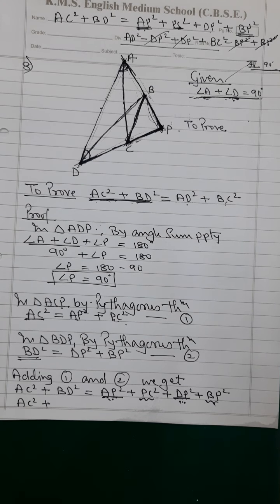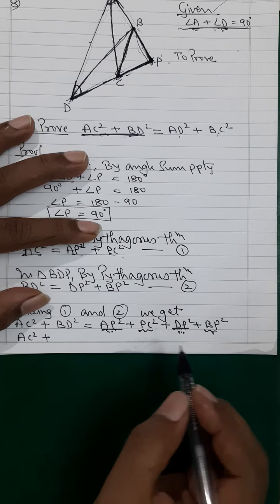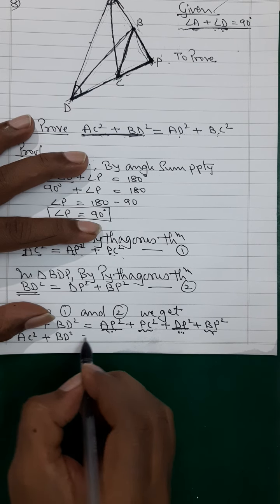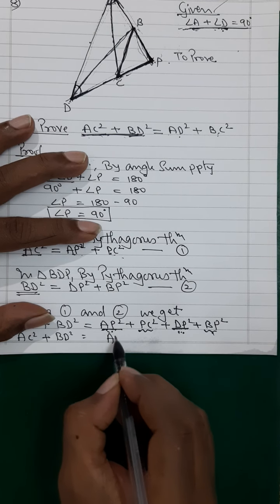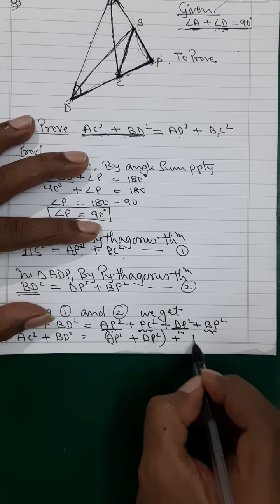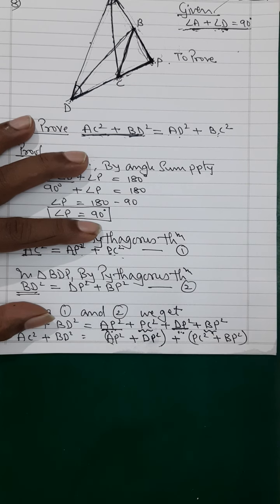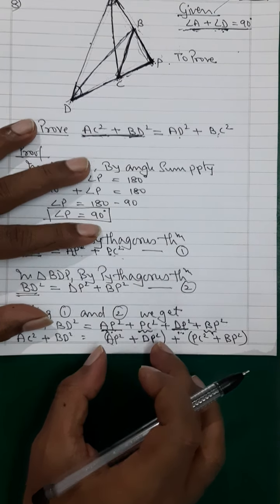You do it any way, my dear students, you will get it. Use your brain a little. So here I will bring this in proper position. I'll get AP square plus DP square on one side, plus PC square plus BP square on the other side. Now I have to find AP square plus DP square.